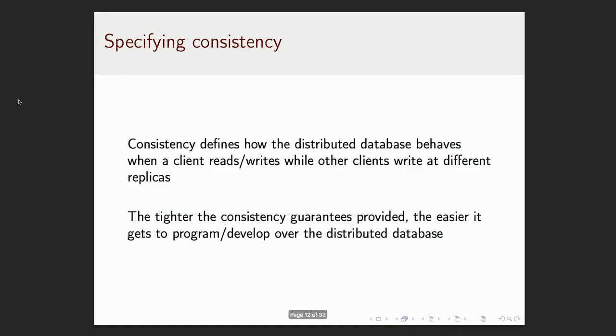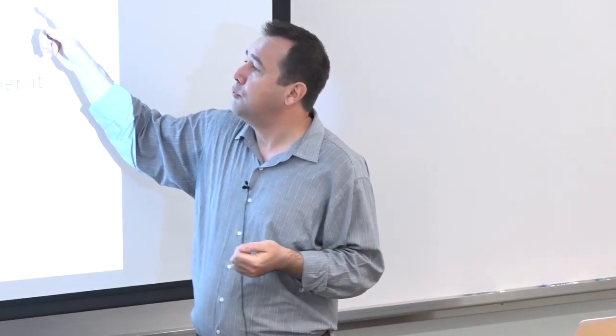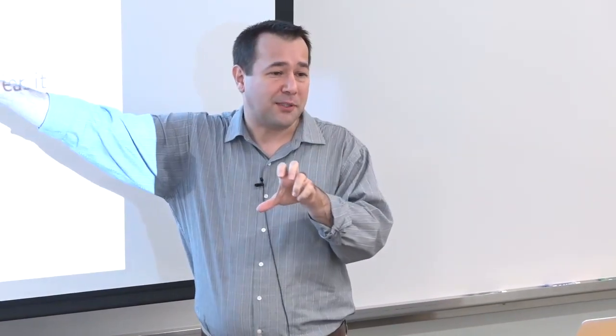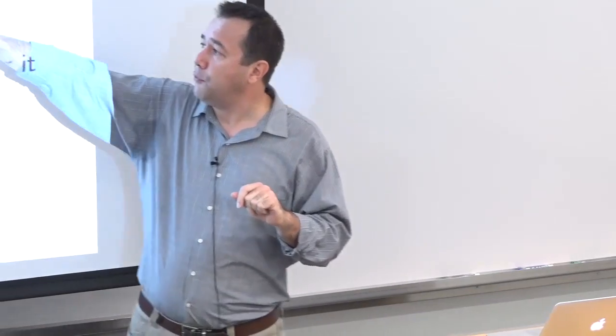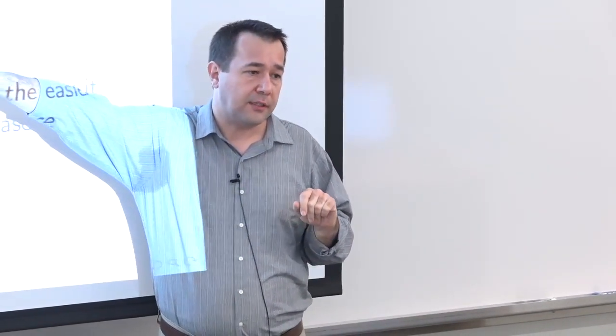So consistency defines how the database behaves when a client is reading, writing, while other clients write at different replicas. So this is a distributed database. A client is reading, writing, but there are other clients that are reading, writing at different replicas in this region and different regions. So what type of guarantees do you give to this client?